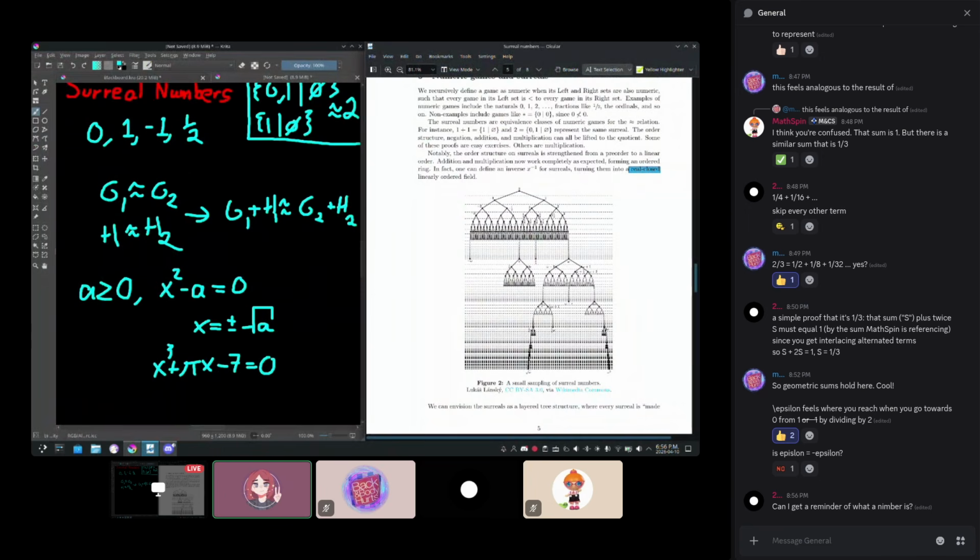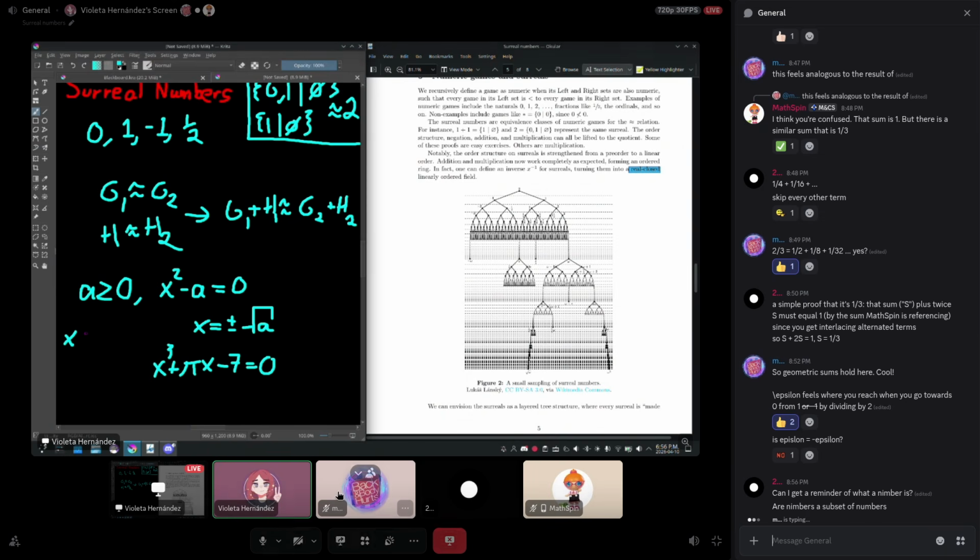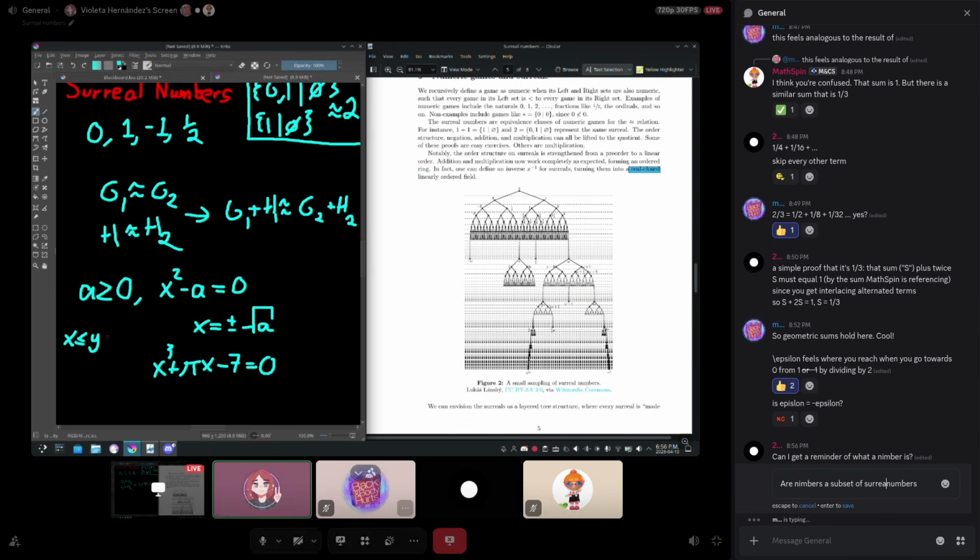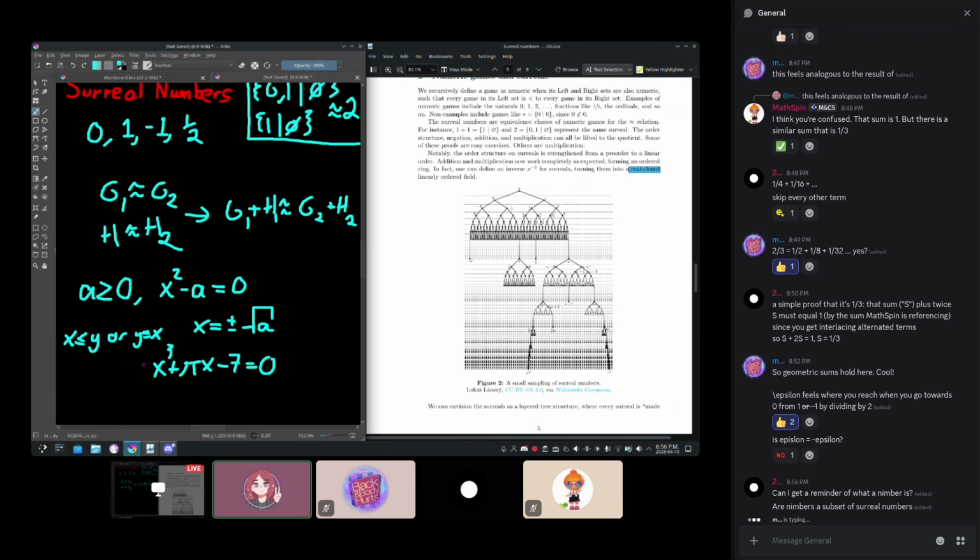But if you talk about numeric games specifically, then it all works out much better. You have anti-symmetry because you're doing this quotient thing. And in fact, the surreals are a total order, which means for any two surreals x and y, you either have x is less or equal to y, or y is less or equal to x. So they're a total order. That's kind of neat.